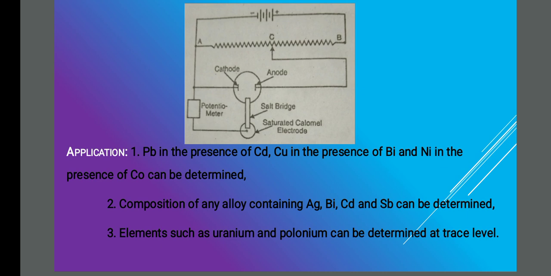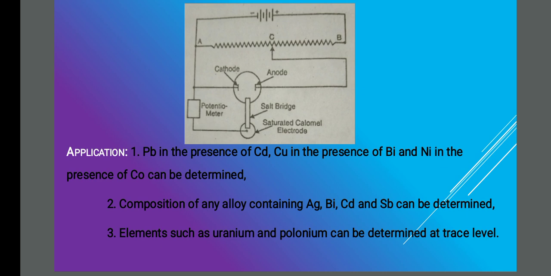Then coming to alloys, the composition of any alloy can be determined by this method. The example given here is the composition of an alloy containing silver, bismuth, cadmium and antimony. Third one, trace amounts of elements can be determined. Even if a very small amount is present in a sample, that can be determined. For example, elements such as uranium and polonium can be determined even if present in trace amount.